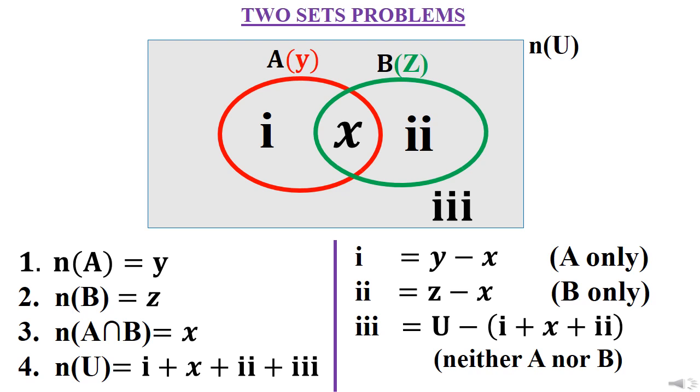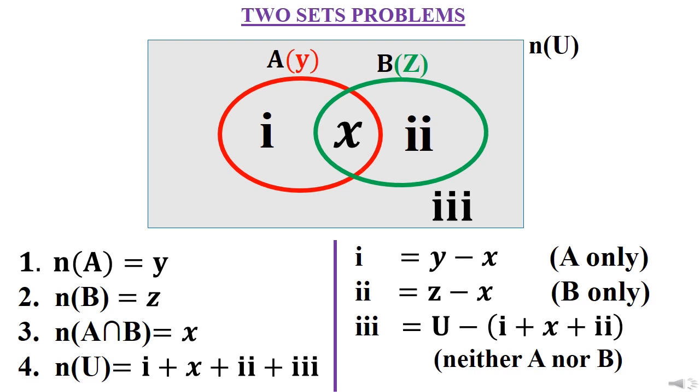So whenever there is a statement with that word only, you put it on the top of the circle. And when you want to find the remaining part of that set, which is I and II, we deduct the number of intersection members from that particular set.